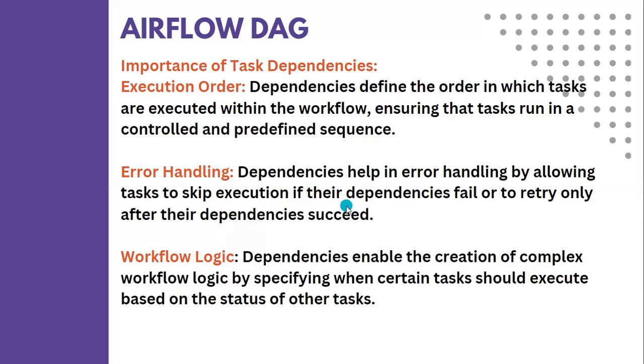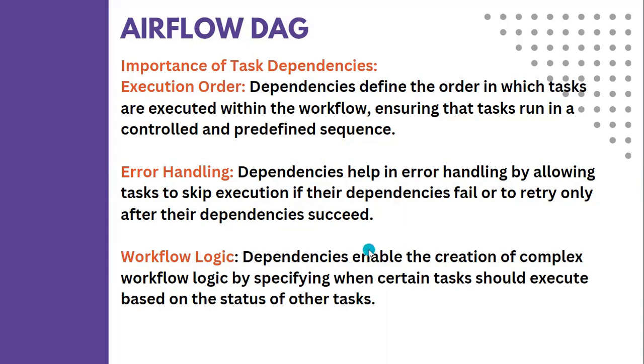So there are different mechanisms in DAG execution, and we can use all of them. Dependencies are very useful for error handling, and for workflow logic. The main point is that workflow logic should be executed through the dependencies only. Dependencies enable the creation of complex workflows, not only three tasks having dependencies, there might be multiple tasks, and multiple complex workflows at the same time.